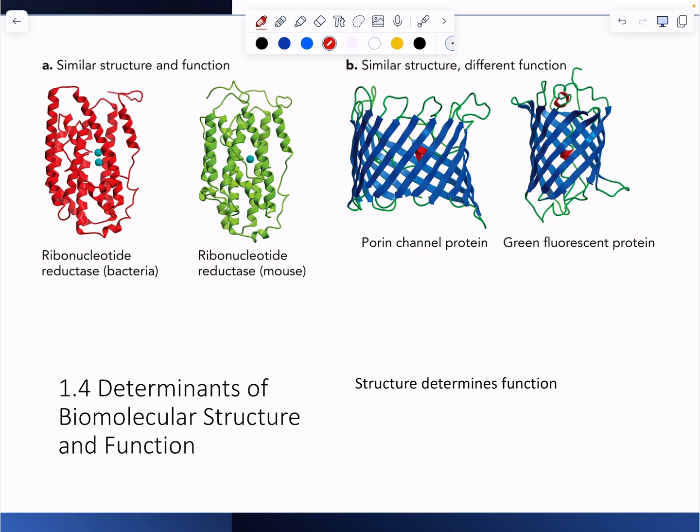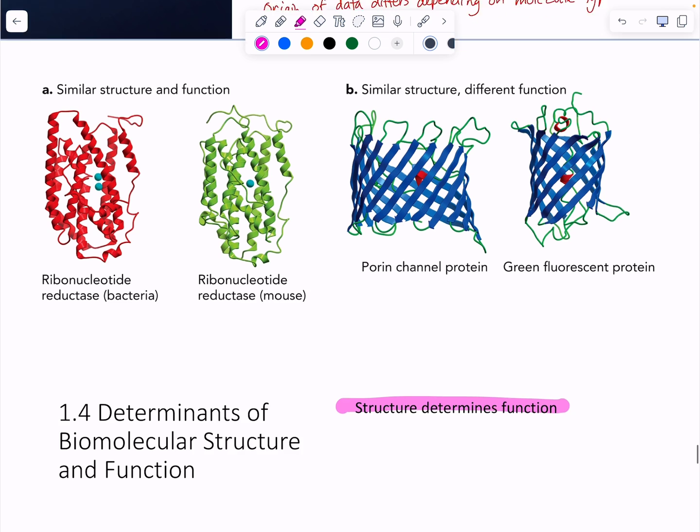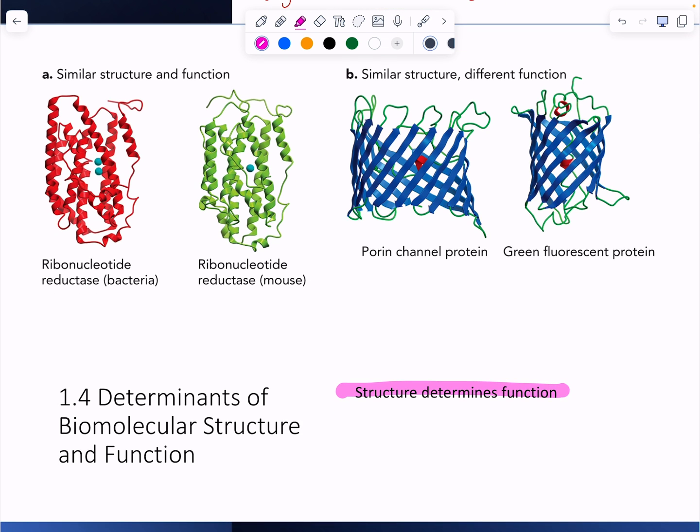The next step will be to look at the structure of the normal healthy molecule and the one that is the result of a mutation. So the key concept for us with all biomolecules is structure determines function. That can mean different things in different cases.